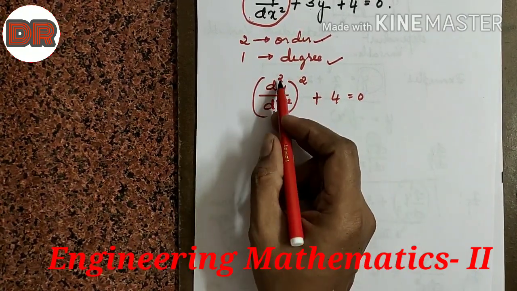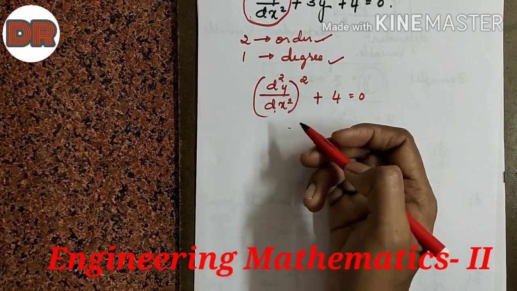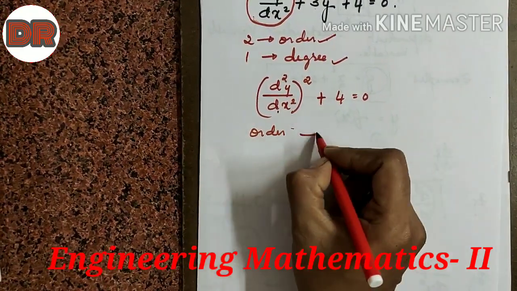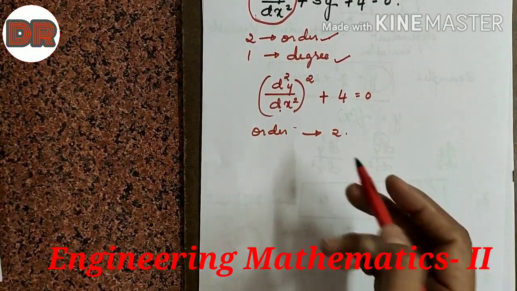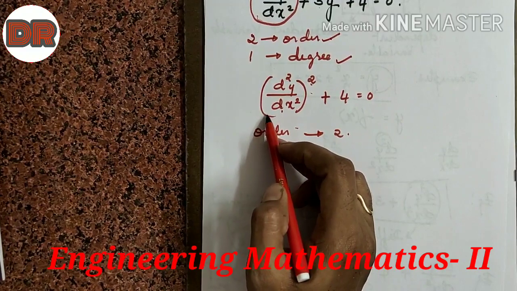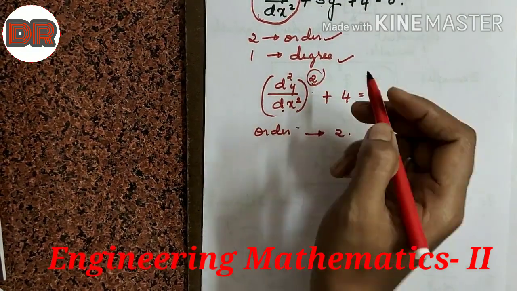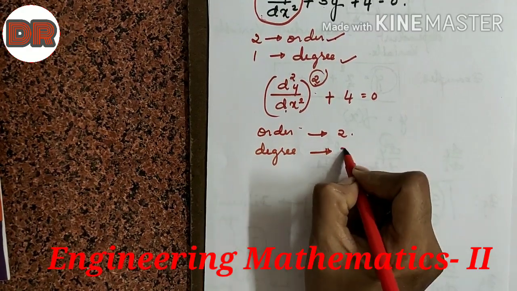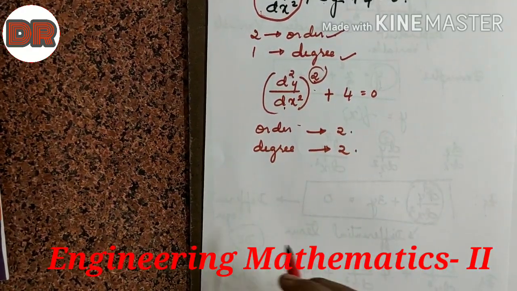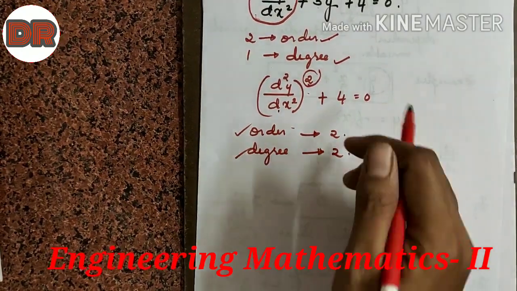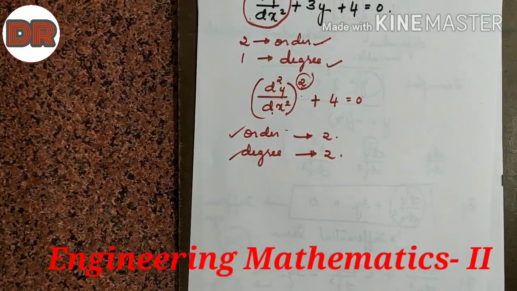So the order here is 2, and you see the index of that particular differential term. The index is 2. So the degree is 2. So this is the order and degree of this particular differential equation.